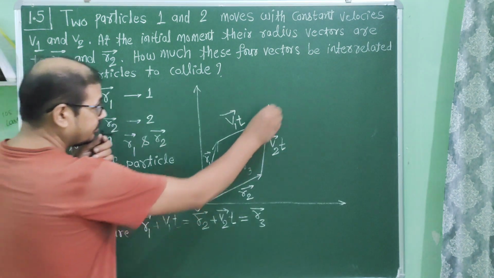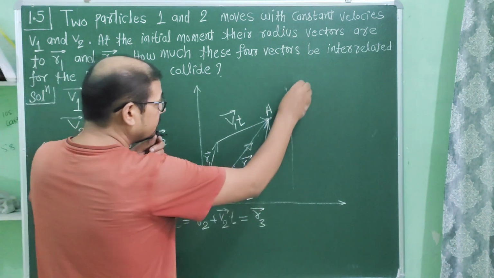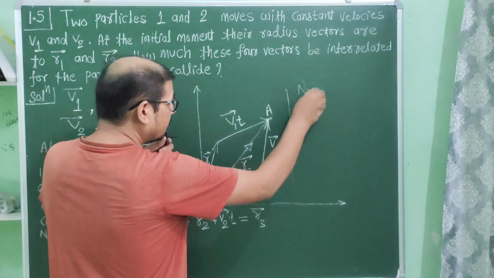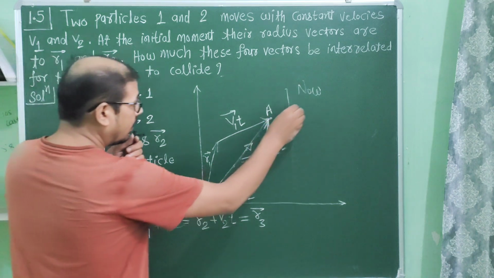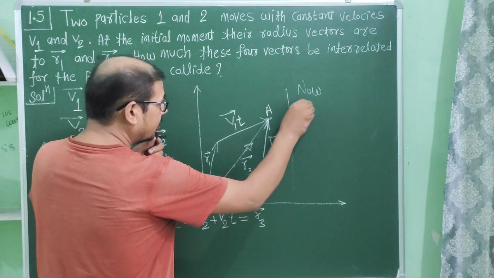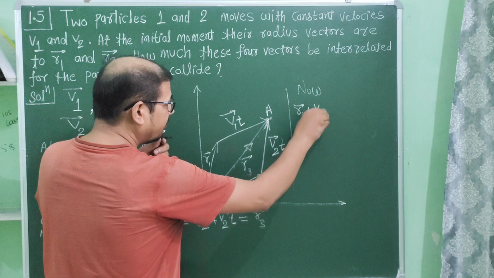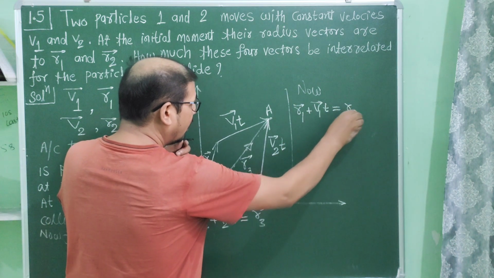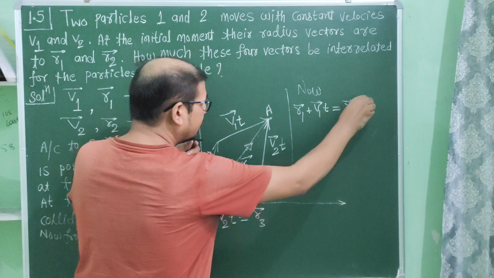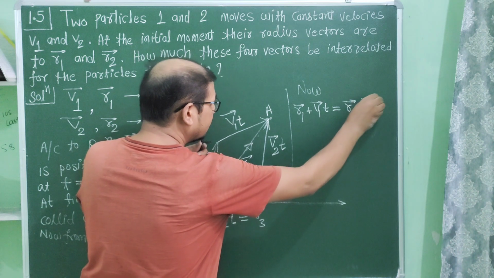Now, R1 vector plus V1 vector t equals R2 vector plus V2 vector t.